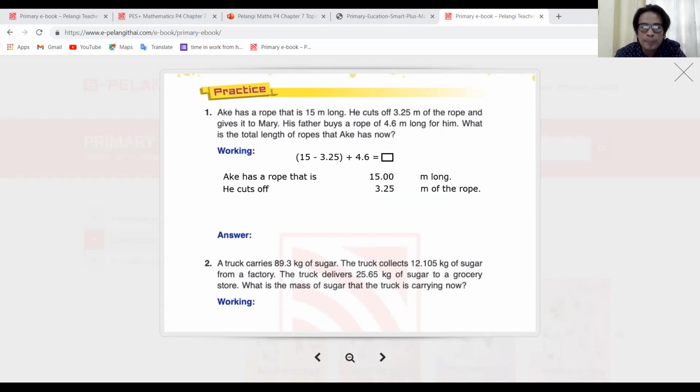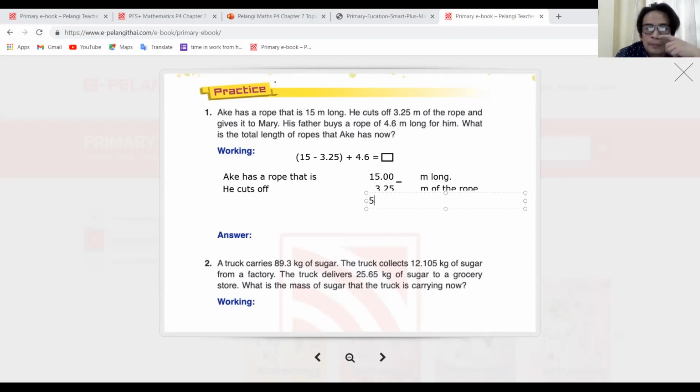Then you add first. I subtract this. So the answer is 0 minus 5 is 10, 5.